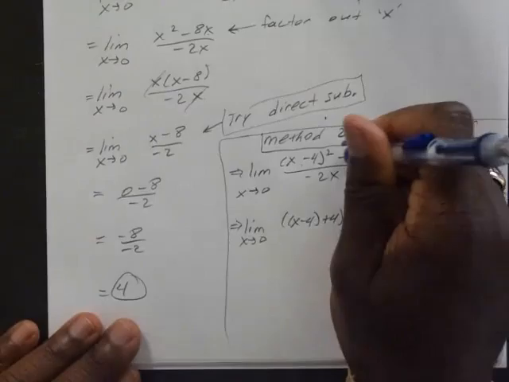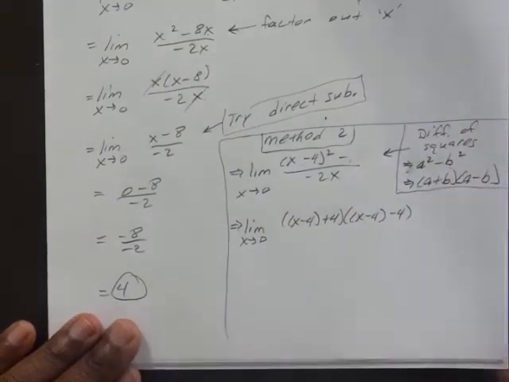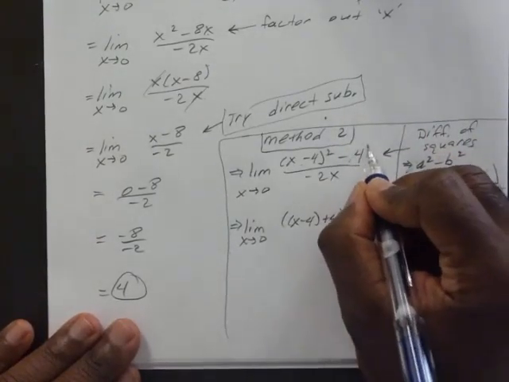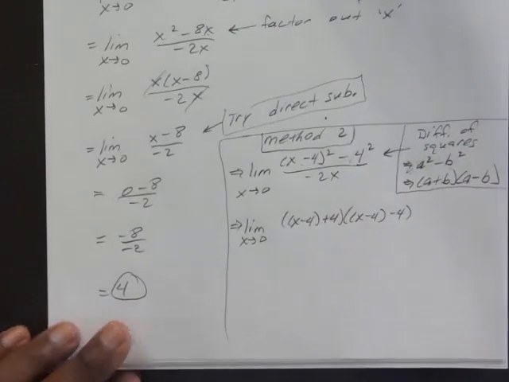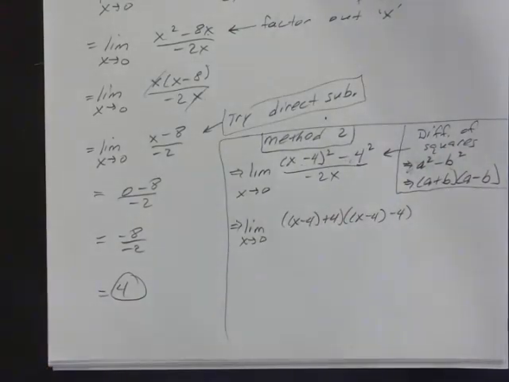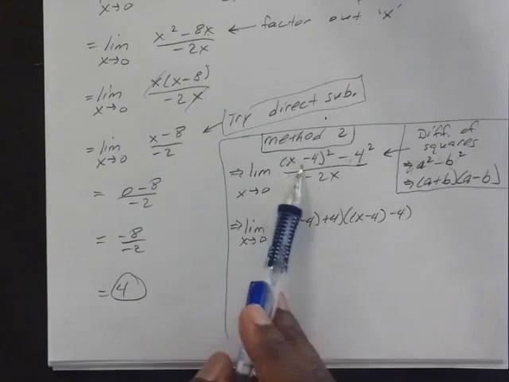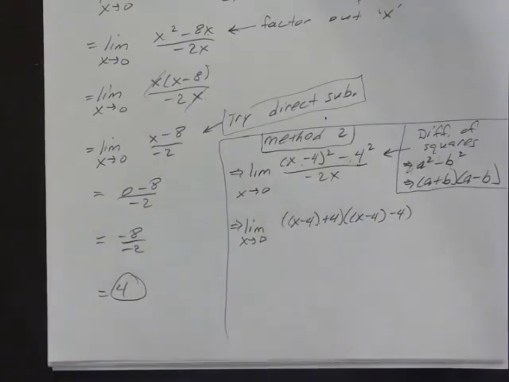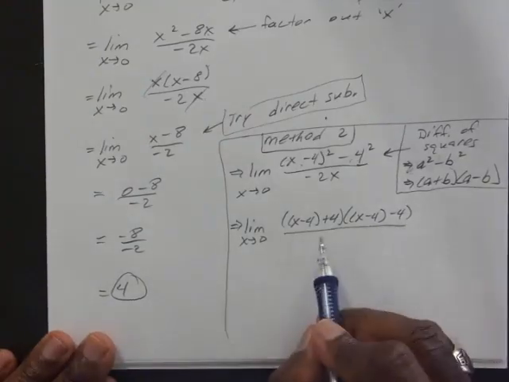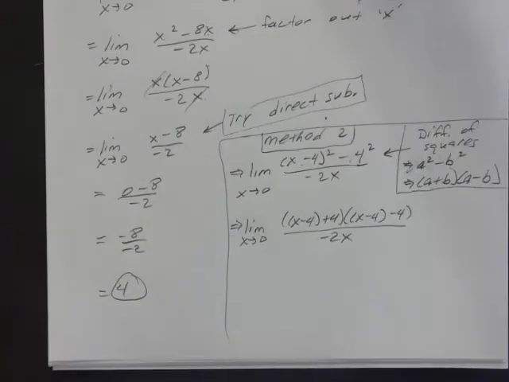Remember, that's 16. We could rewrite that as 4 squared, where your a is x minus 4 and your b is 4. All divided by negative 2x.